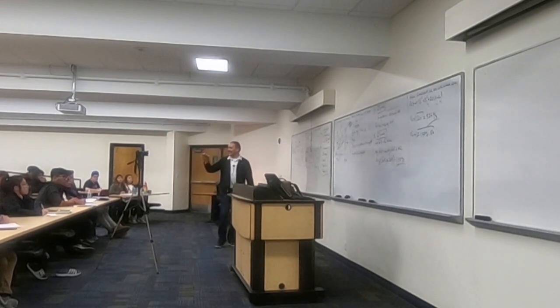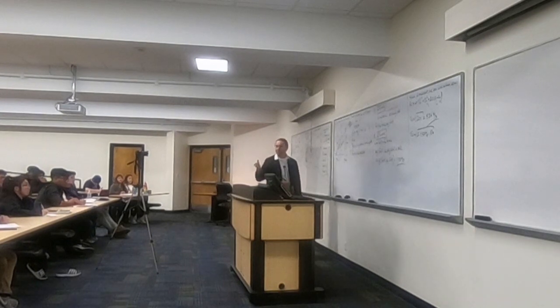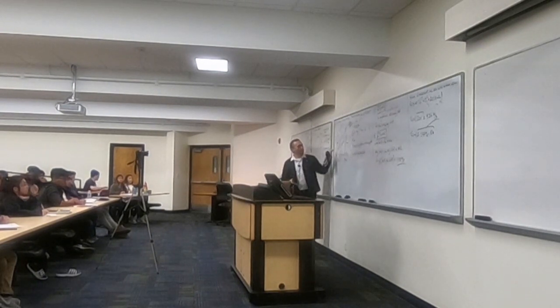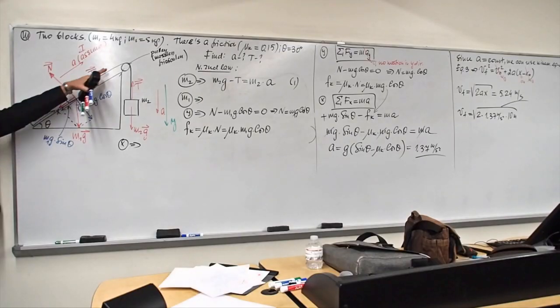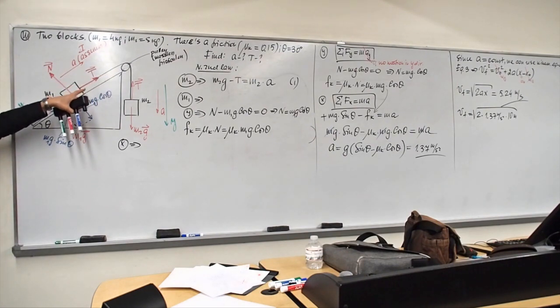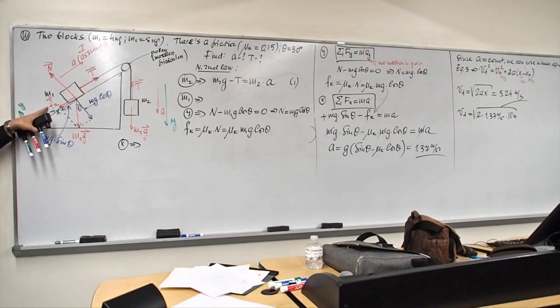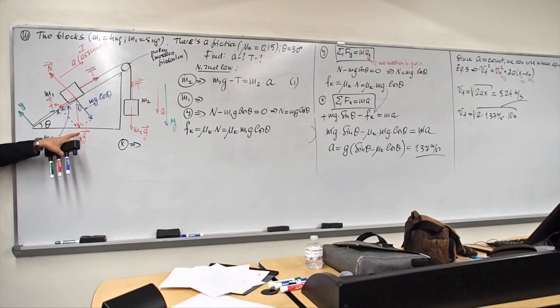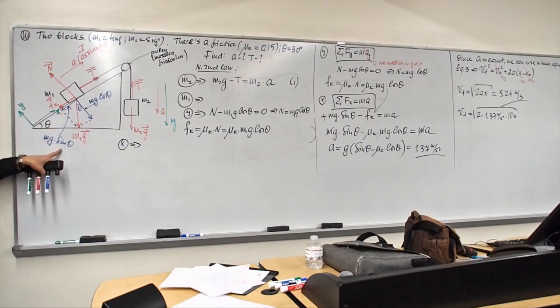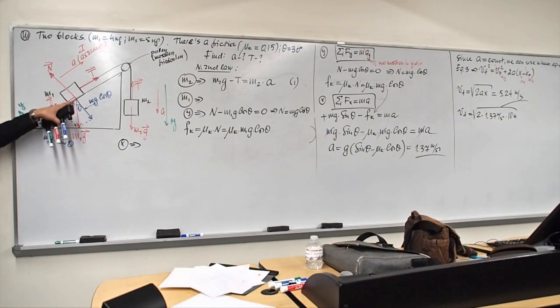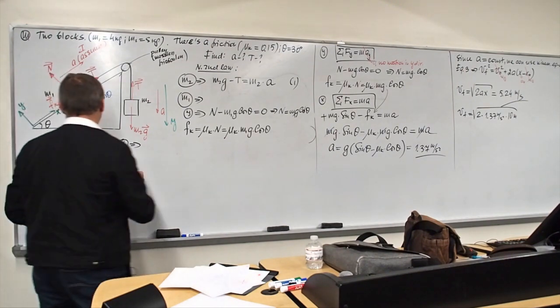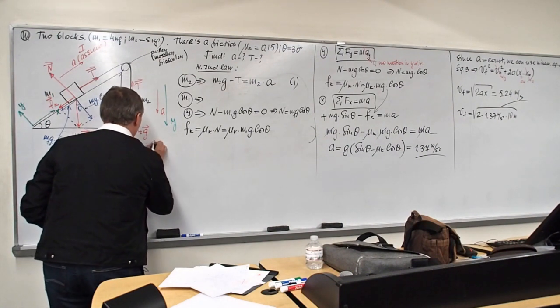Tension is positive because it acts in the positive x direction, up the incline. Kinetic friction is negative, and the component of the gravitational force is also negative, because it acts in the negative x direction. Okay, let me write.